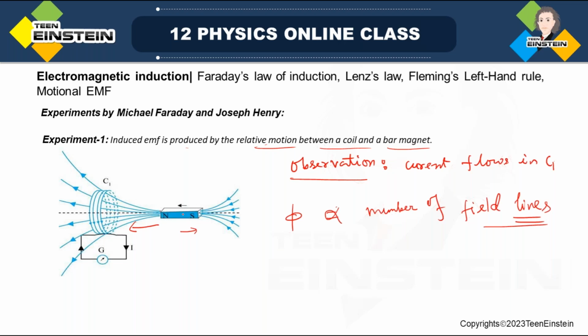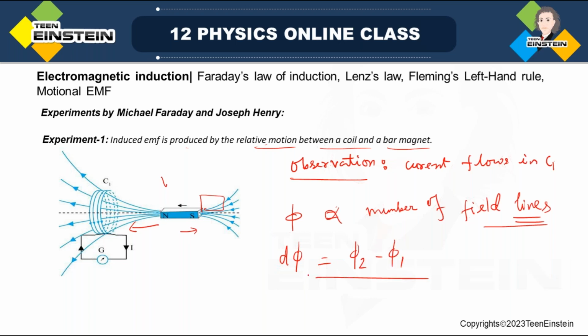So how does the flux change, and why are there different observations? If the bar magnet is moved towards the coil, the flux linked with the coil C1 is increasing. Suppose at this particular distance it is phi 1, and when it is here it is phi 2. So what will be the change in the flux? d phi will be phi 2 minus phi 1.